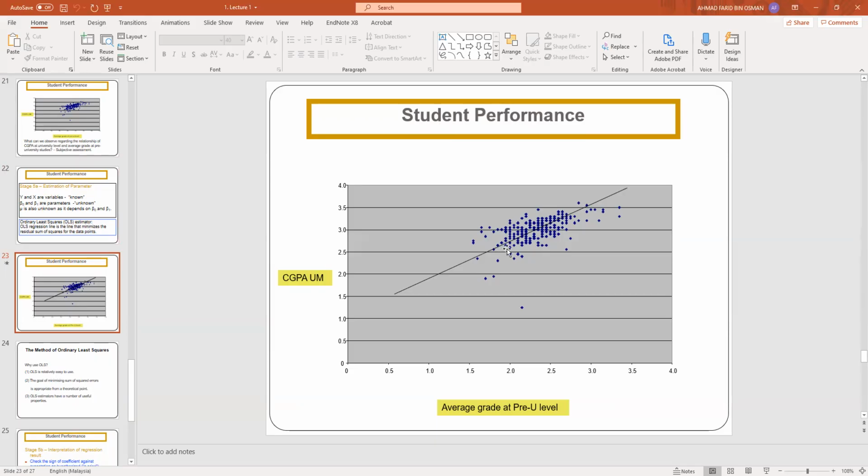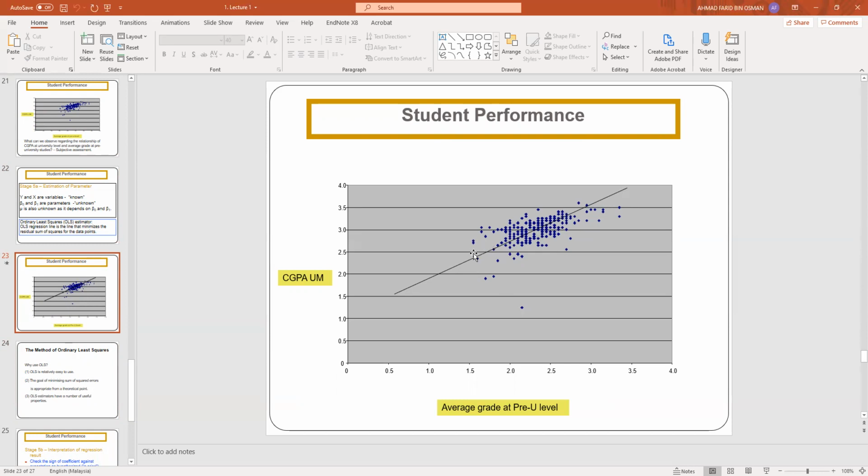Just now I already explained that the error represents the difference between the actual value and the predicted value. Each of these blue dots represents the true value of y, and the value on the straight line represents our predicted value. The difference between the actual y and the predicted value, the systematic behavior, gives us the error.